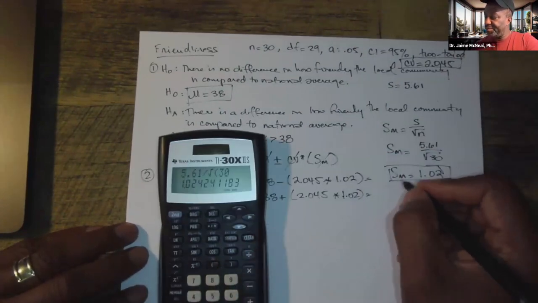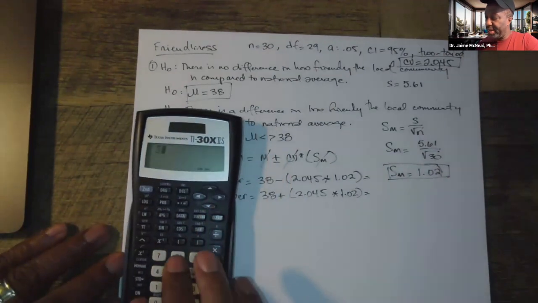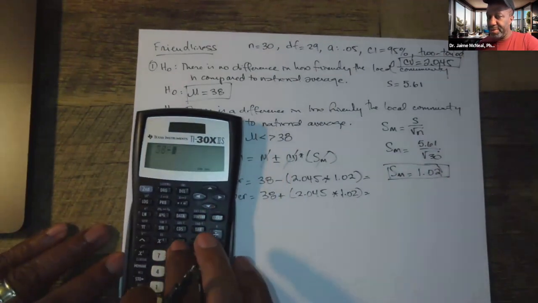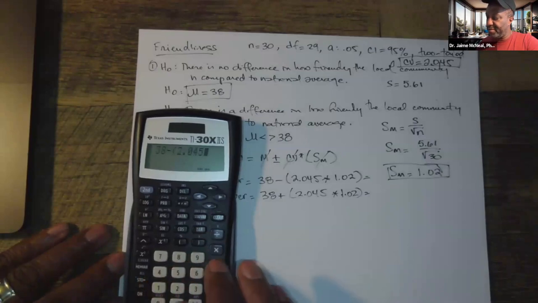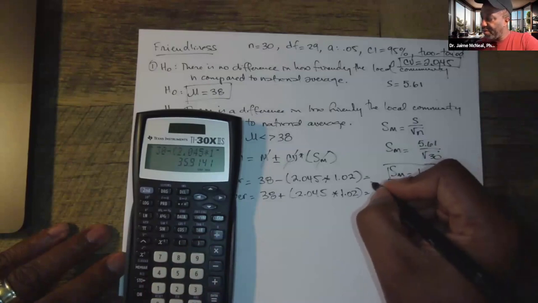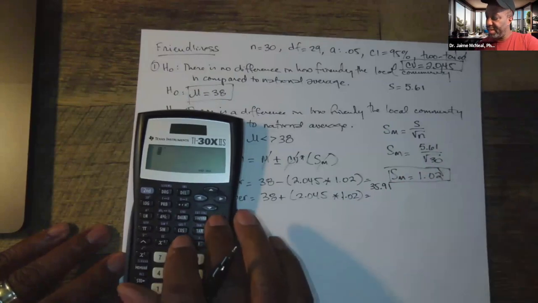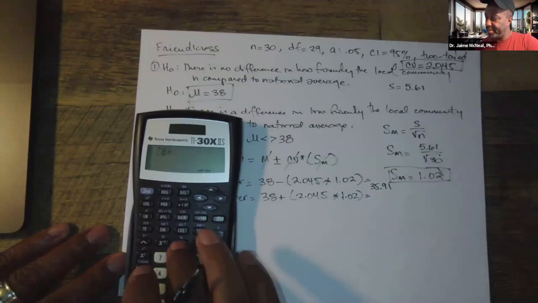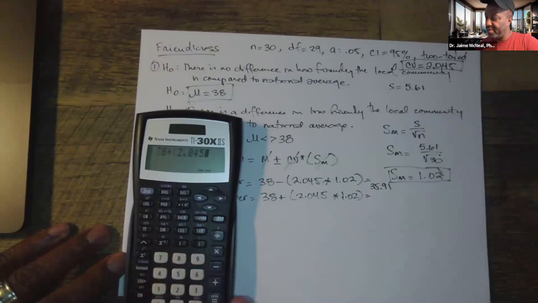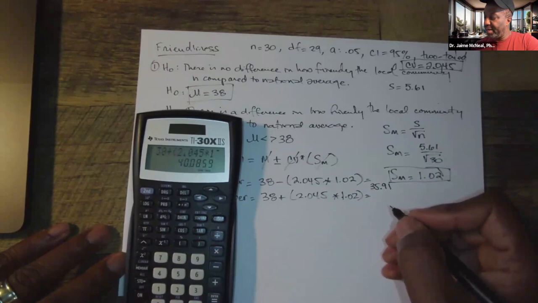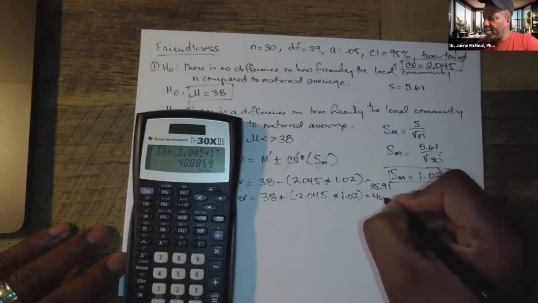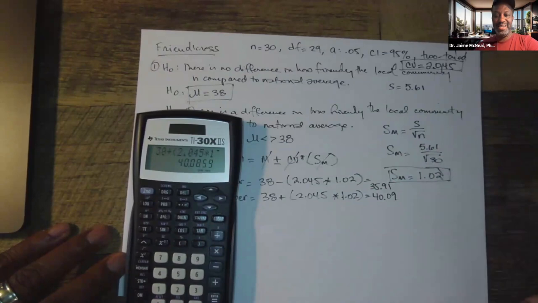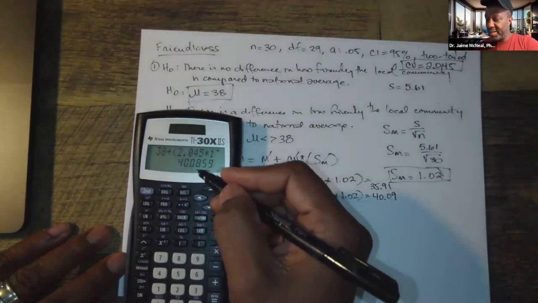Okay, so let's figure out the lower first. 38 minus, parentheses, 2.045 times 1.02, close the parentheses, it is 35.91. Let's figure out the upper, 38 plus, parentheses, 2.045 times 1.02, 40.085, so we can go to 40.09, because at 5 we can round the 8 up to 9.